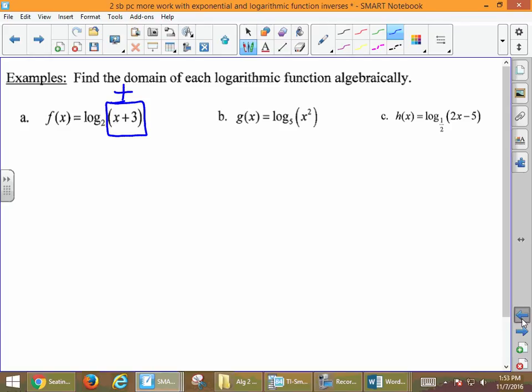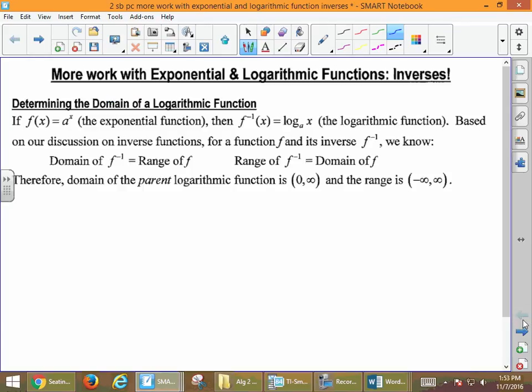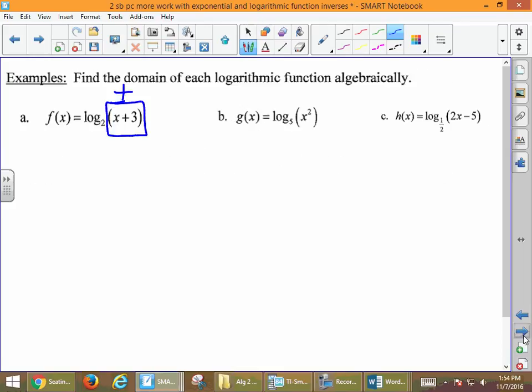That goes back to the domain of the parent logarithmic function being 0 to infinity. Zero is not included because it has a parenthesis. So it's anything greater than 0 onto infinity, which is where I get that it must be positive.